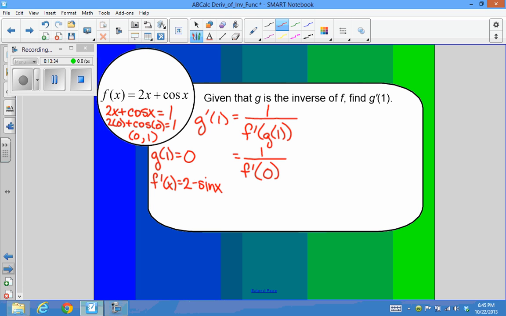So when I plug my 0 into that, I have 1 over 2 minus sine at 0, and sine at 0 happens to be 0. So 1 over 2 minus 0, so that's 1/2. That means that g prime at 1 equals 1/2.